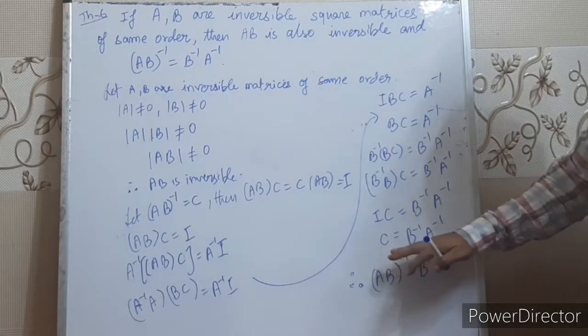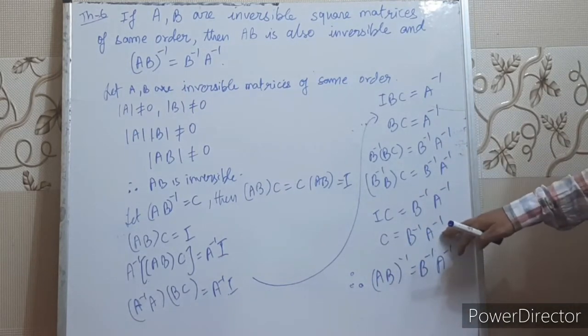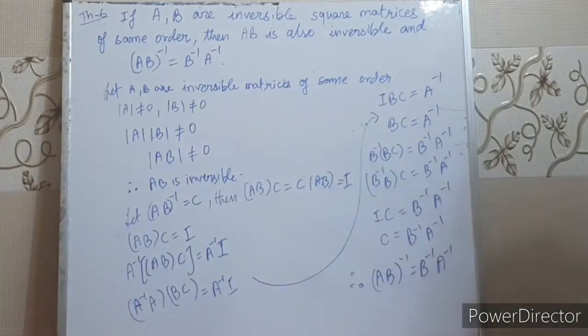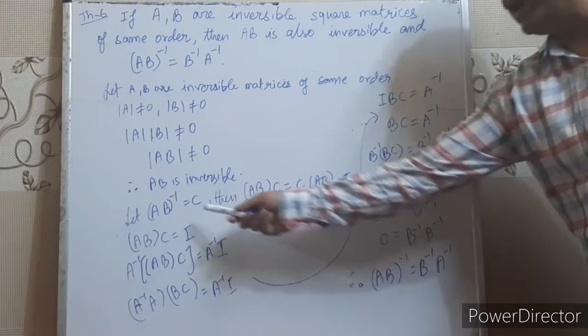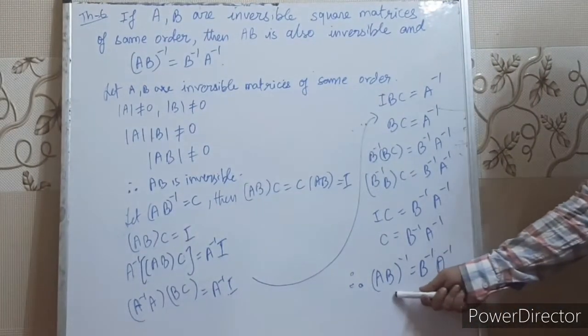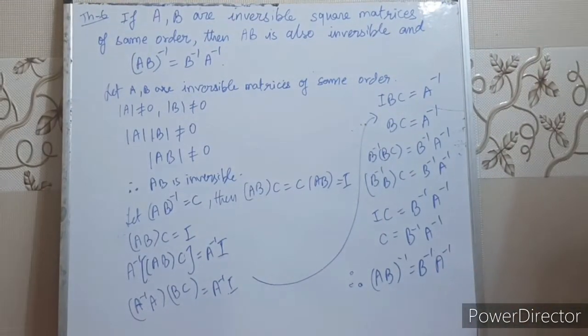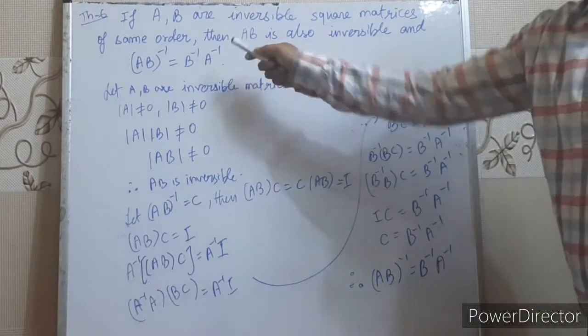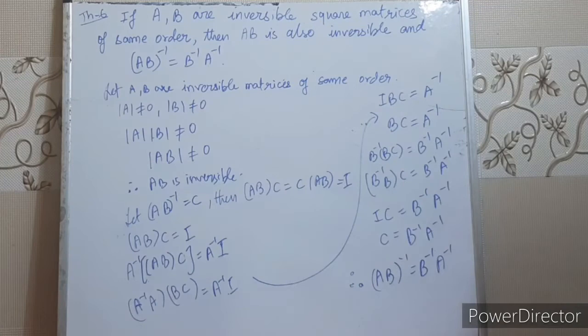Now we got the value of C as B inverse into A inverse, and we have assumed the value of C as AB to the whole inverse. Now when we equate these two values, we can say that AB to the whole inverse equals B inverse into A inverse. That we are supposed to prove. Okay, children? Please note down.